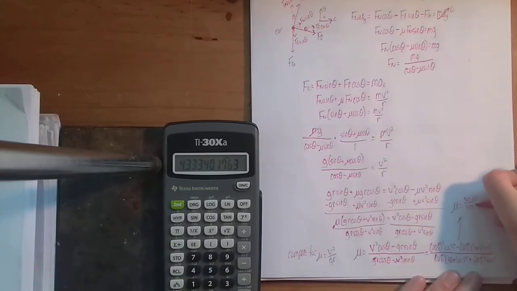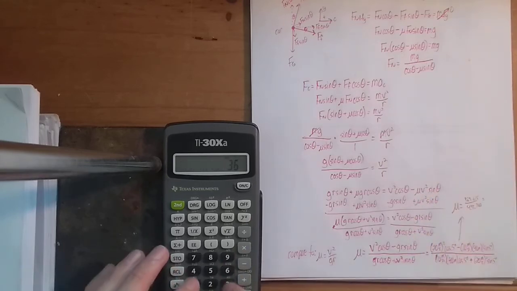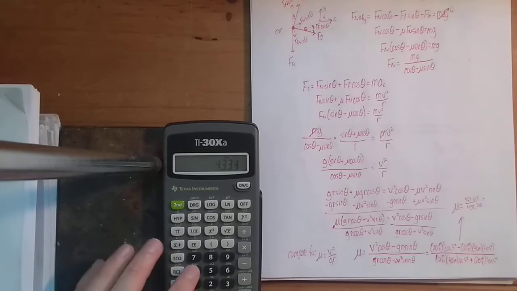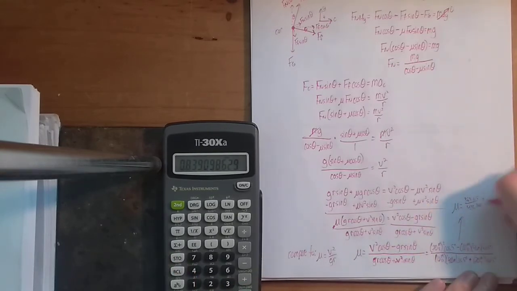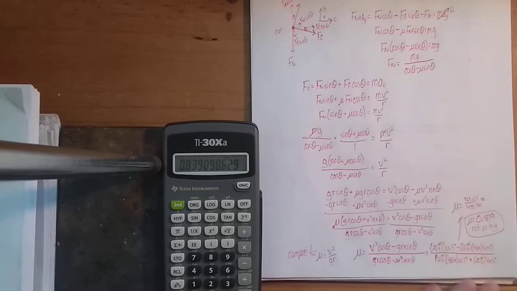Well, this is definitely not going to be equal to 1, so we do 363.615 divided by 433.340, and we get a mu of 0.839 approximately. We don't need as big of a coefficient.